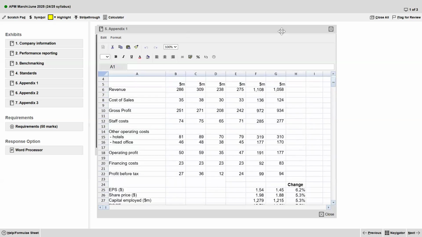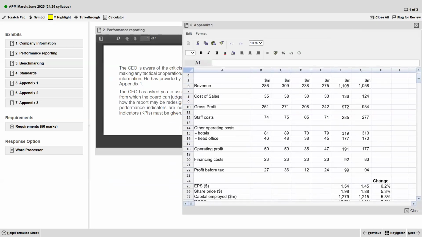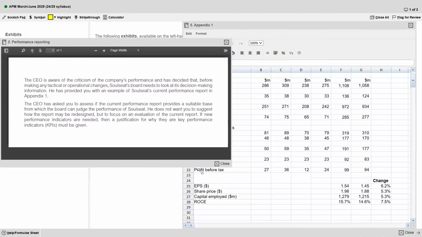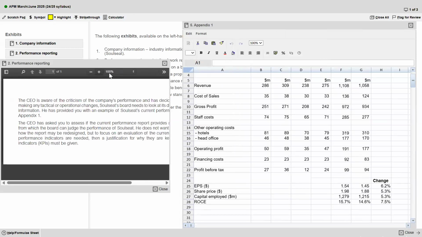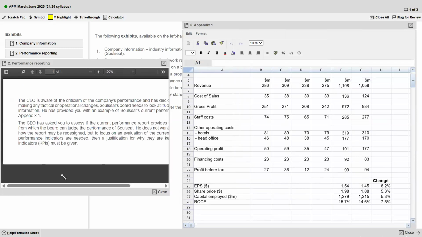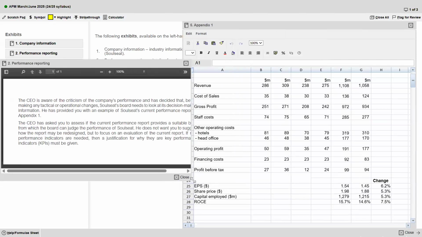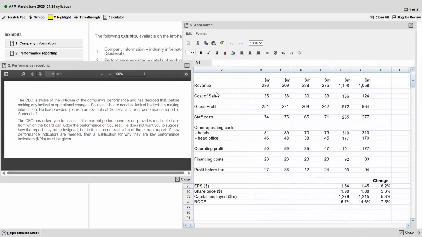So I'll just open up both of them side by side. Yeah, just go through it and let me know what do you think about it. This is the exhibit 2, and then there is this appendix 1.